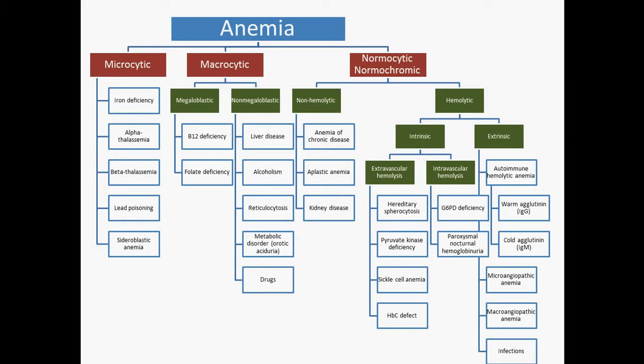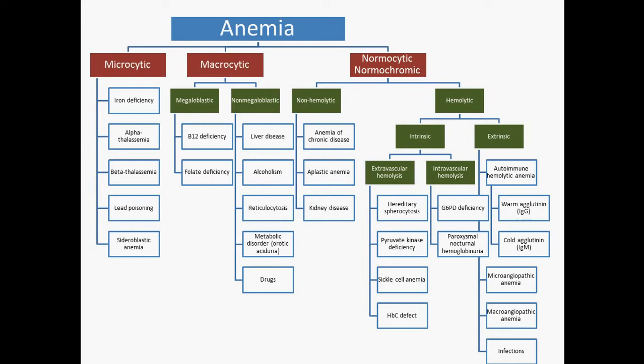And then alpha thalassemia is caused by a defect in the alpha globin gene. So if you have less alpha globin synthesis, again we're going to have less stuff to make red blood cells, and same with the beta thalassemia beneath it.